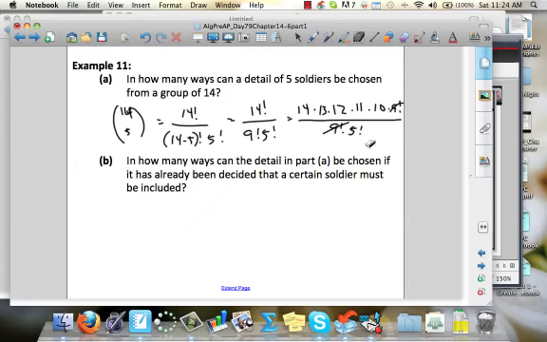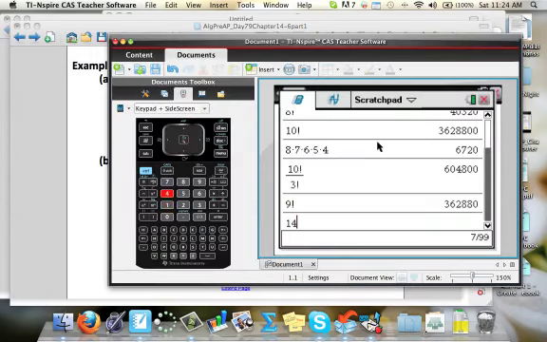I'm going to go ahead and expand the 5 factorial: 5 times 4 times 3 times 2 times 1, and 5 times 2 is 10, so those go away, and 4 times 3 is 12, so those go away. So it's really just 14 times 13 times 11. You can type it in either way; it's just easier for me if I know what's going on.